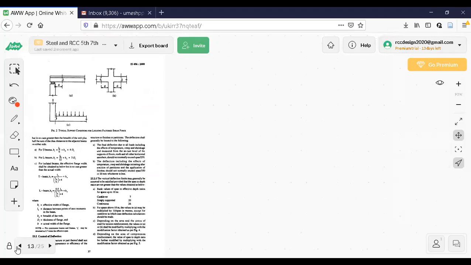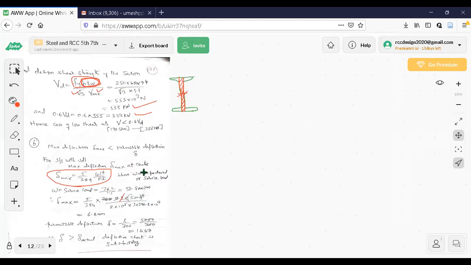Okay, this is the end of the design. Any questions here? Based on this, I am going to start plate girders. If you know the design of plate girder and gantry girder, I can say you are perfect in the VTU syllabus of steel structures. Not in other syllabi, like GATE; for GATE you have to go further.